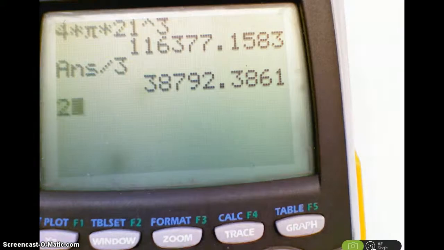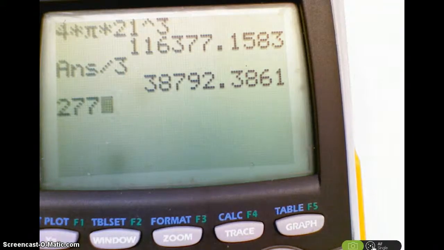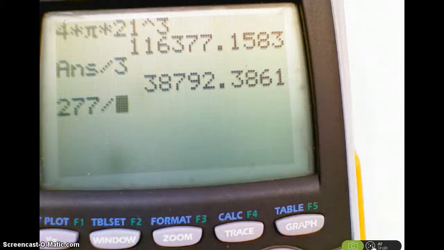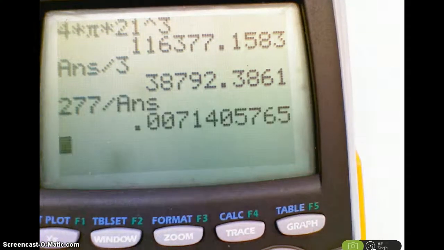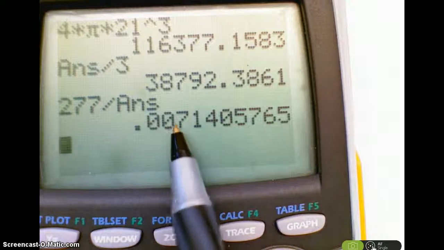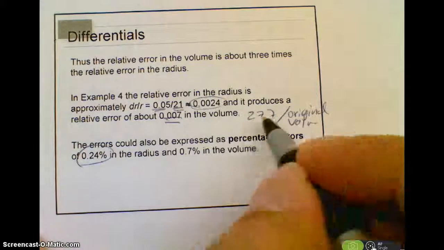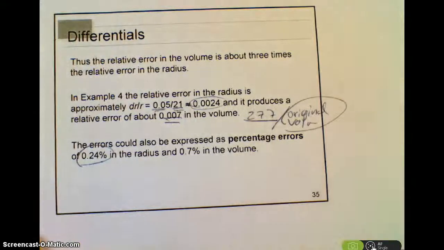So being off by 277 probably is not that bad. 277 divided by that will be 0.007, and that's the number that you have then. So this is the error divided by the original volume.